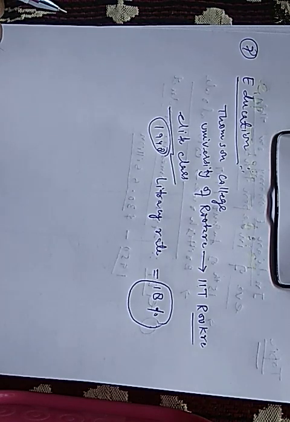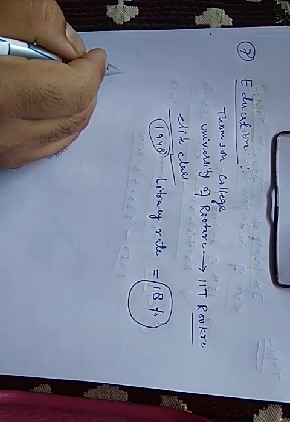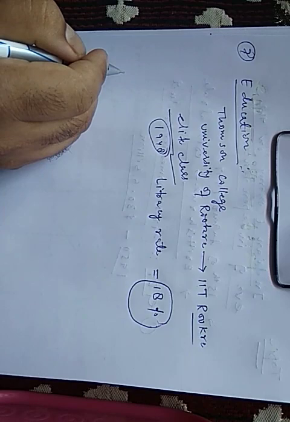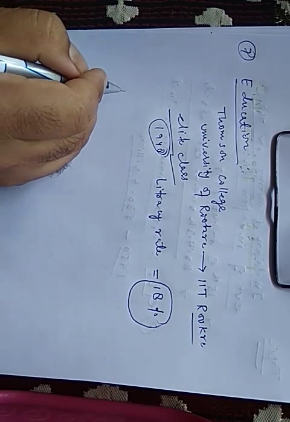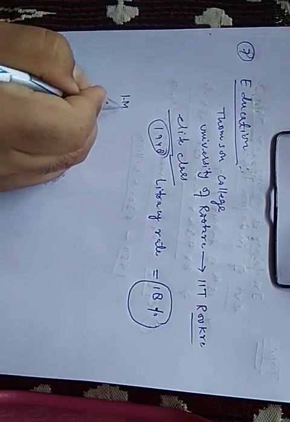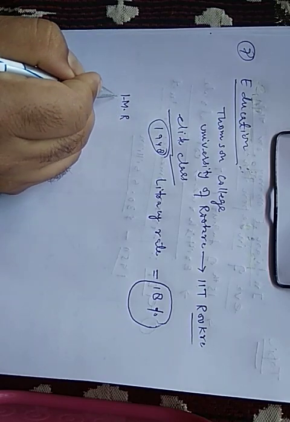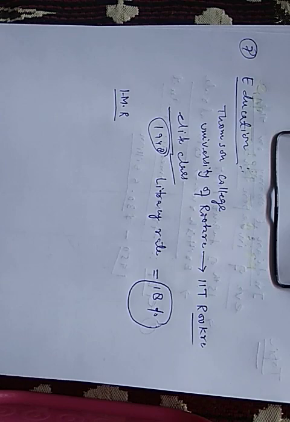Similarly, the other demographic features of India at the time of independence were the infant mortality rate. Infant mortality rate shows the number of deaths at the age of 5 years per thousand live births.